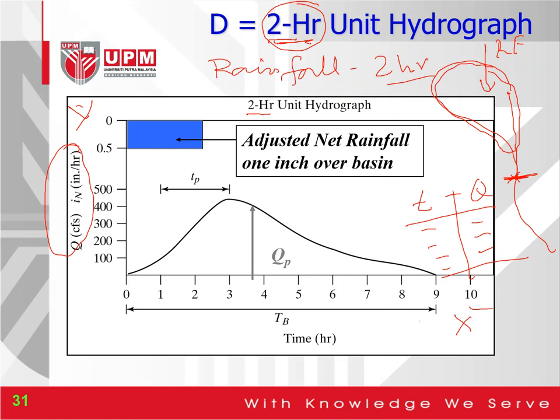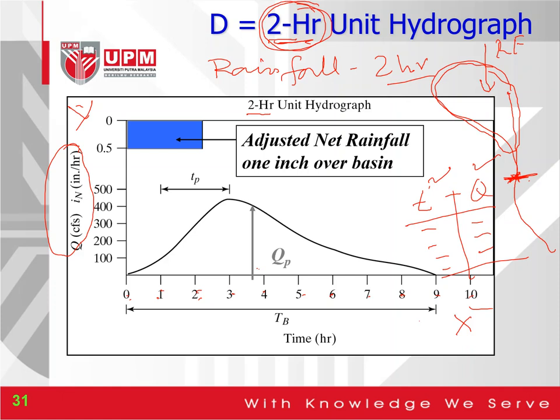But for the Q at the outlet, we can observe every 5 minutes, every 10 minutes, or every 1 hour, and we plot accordingly. In this plot, it was observed every hour: 0, 1, 2, 3, 4, 5, 6, 7, 8, 9, 10. So be very clear, the rainfall duration of 2 hours and the time axis are not the same.